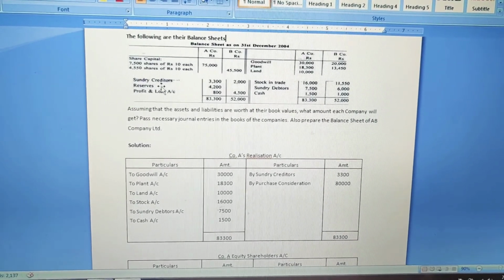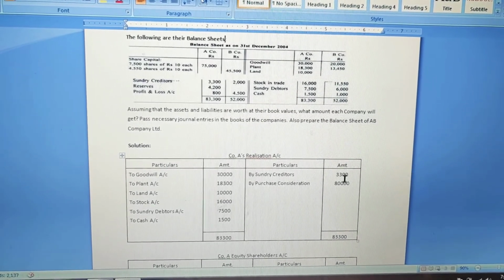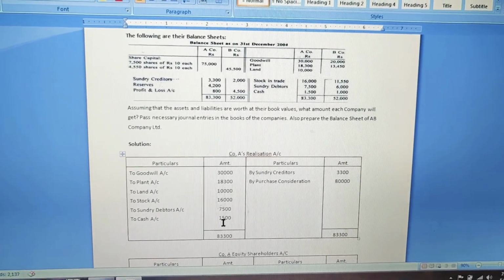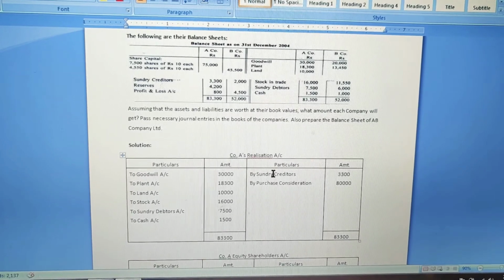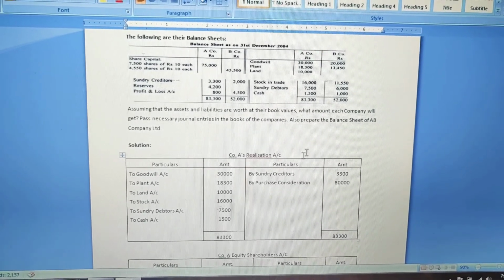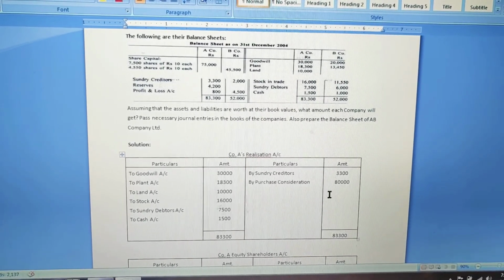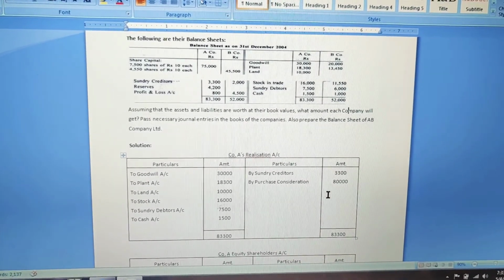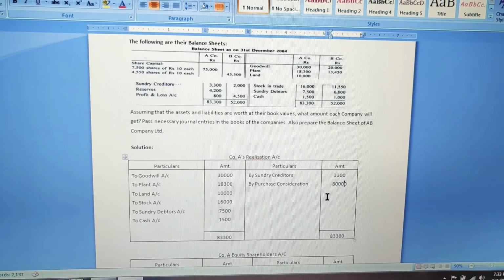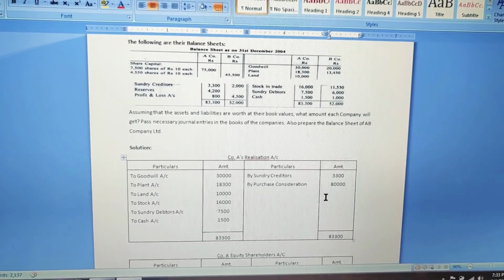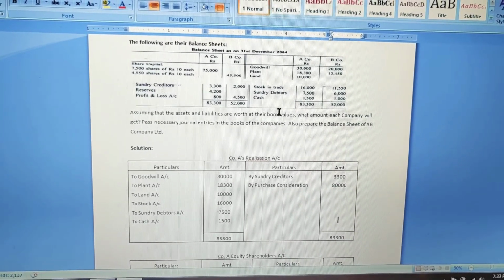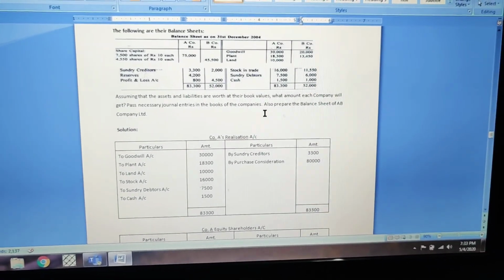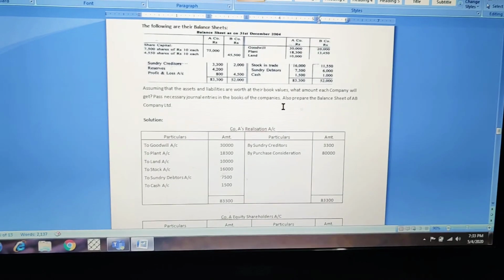Sundry creditors is your liability, so you will pass the sundry creditors amount of 3,300. When you add all this and deduct the sundry creditors amount, you will get your purchase consideration of 80,000. Clear? So here you can also calculate your purchase consideration with the help of the realization account, because all the assets and liabilities are taken over at book values and not agreed values. Otherwise you have to make separate accounts for both.